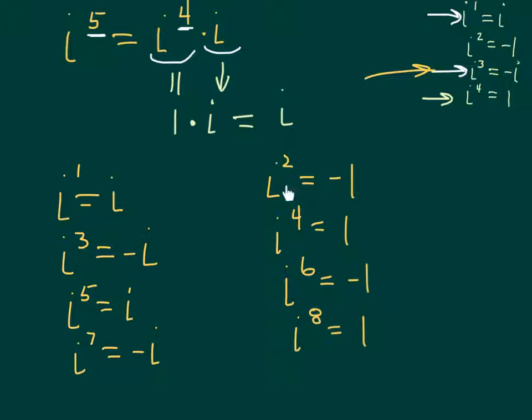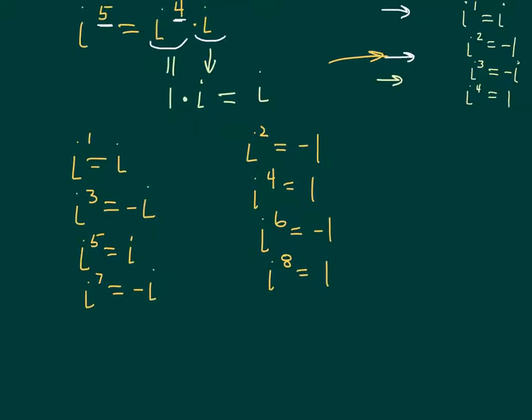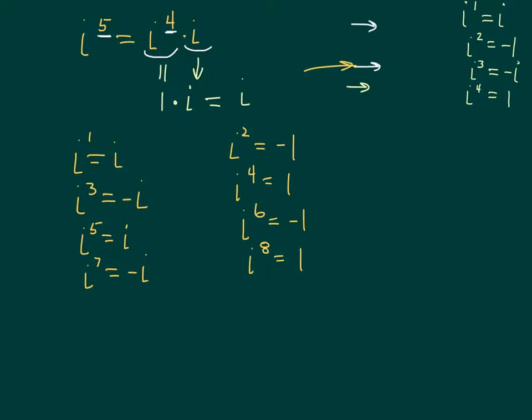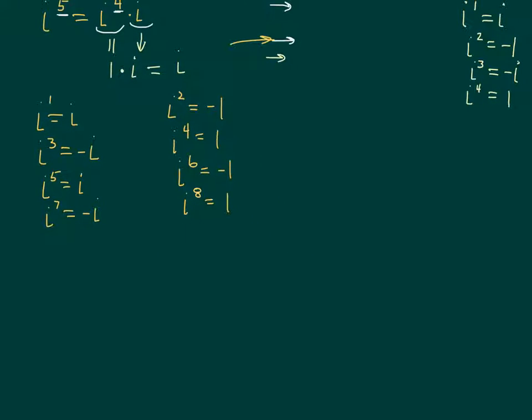Okay, so when we get up to the really large numbers, that's when it gets a little bit more complicated. Here these numbers are pretty small, so we can easily figure that stuff out. But we can certainly see this pattern that every time we have an exponent that's divisible by 4, we get a positive 1.